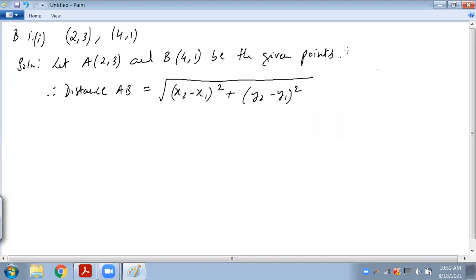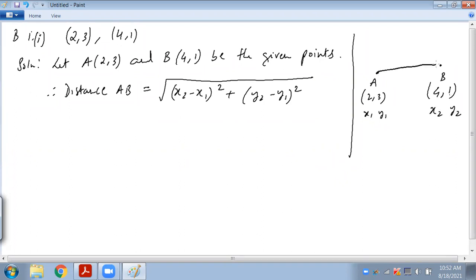Okay, now the first point we are taking A is (2, 3), and the second point we are taking as B is (4, 1). So first point A can be taken as (x1, y1), and the second point B can be taken as (x2, y2), to find the distance between the points A and B.